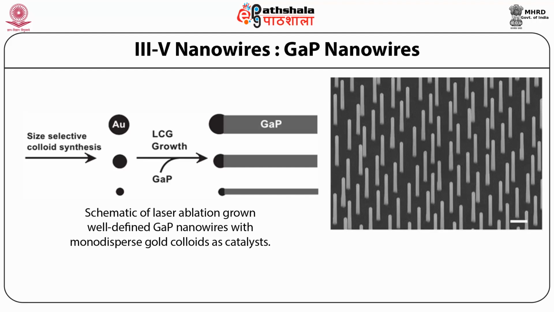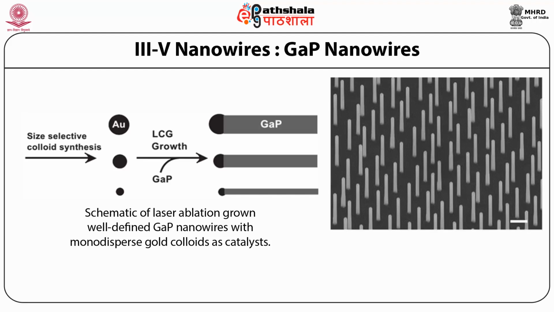In laser catalytic growth of gallium phosphide, a gallium phosphide solid target is laser ablated to provide the source of vapor, and the use of gold colloids appears to provide a tight diameter distribution of grown nanowires. In general, the mean nanowire diameter is only 1 to 2 nanometer larger than that of colloids.